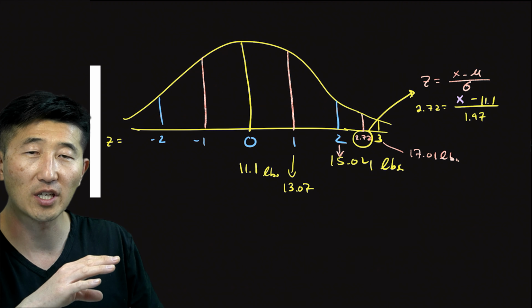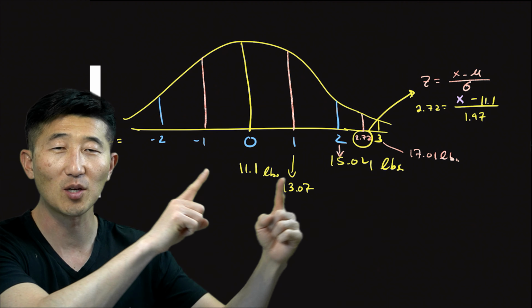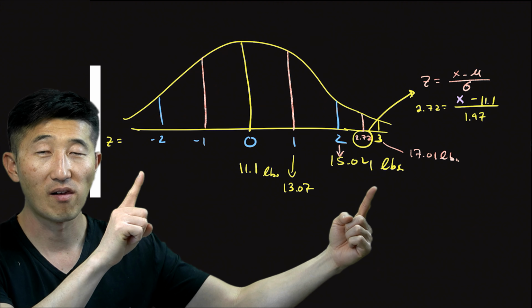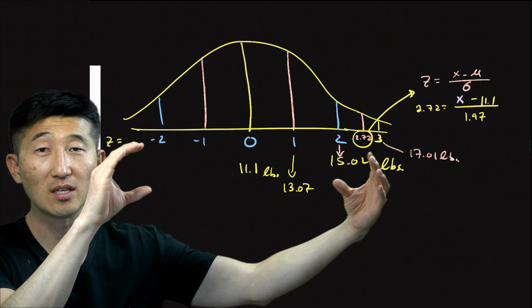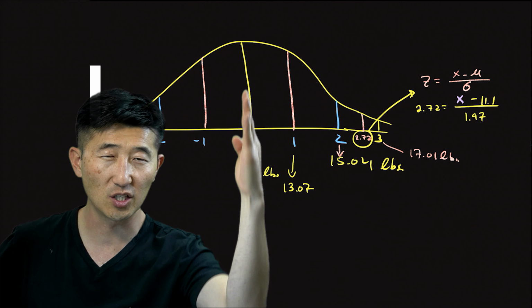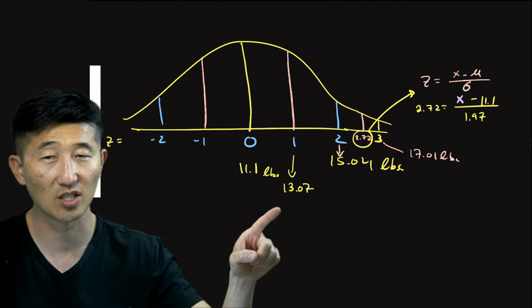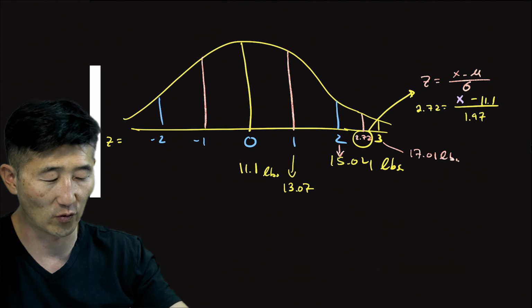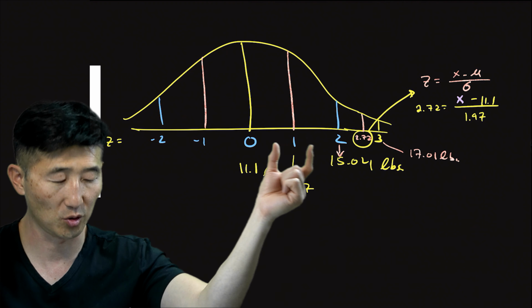Most students get confused because they put the z-score on the bottom and they end up putting the actual data on the bottom too, like they represent the same thing, okay? So z of 0 means it's the mean, so 11.1. One standard deviation is just, so on and so forth. So the formula in the chart helps us with everything in between these numbers.